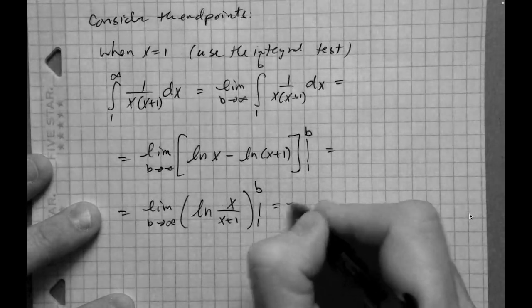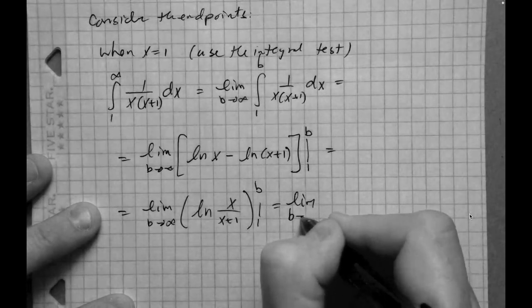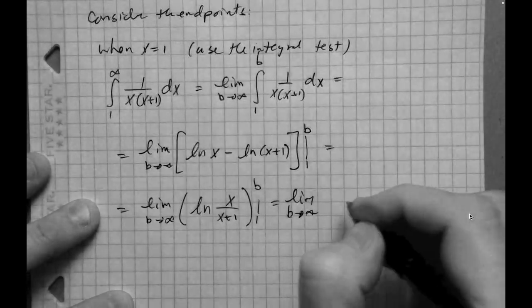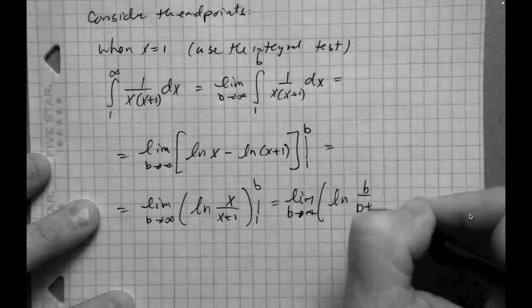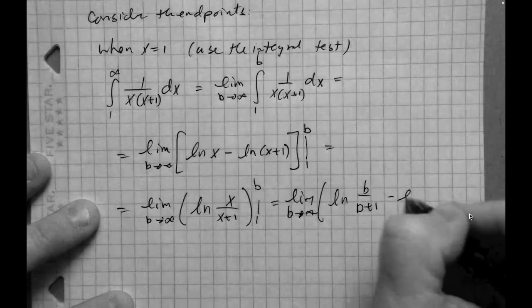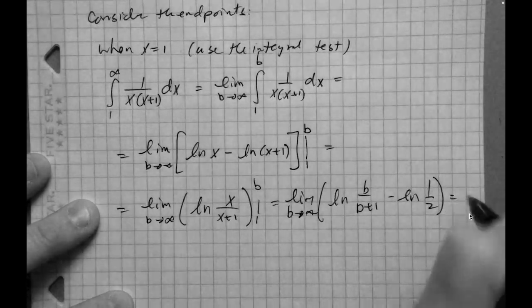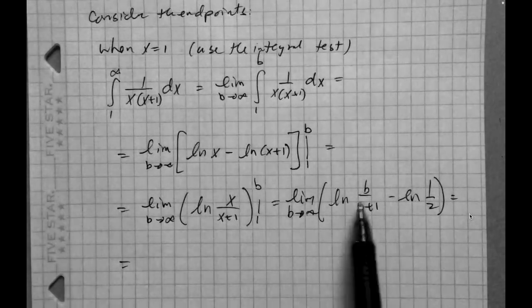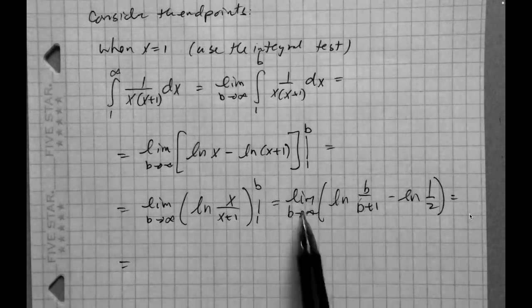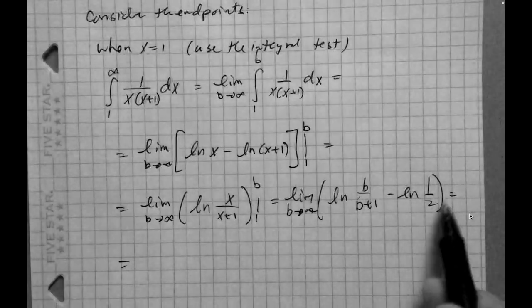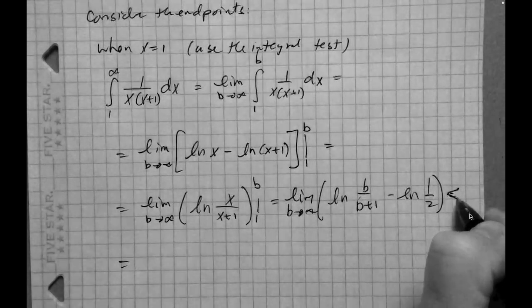And so what do we get there? The limit as b goes to infinity of the natural log of b over b plus 1 minus the natural log of 1/2. And so when b goes to infinity, this just goes to basically 1, and this is obviously finite, so we'll just write less than infinity.